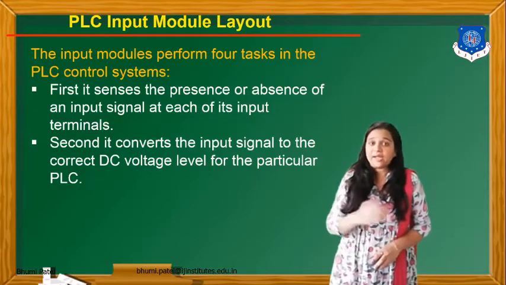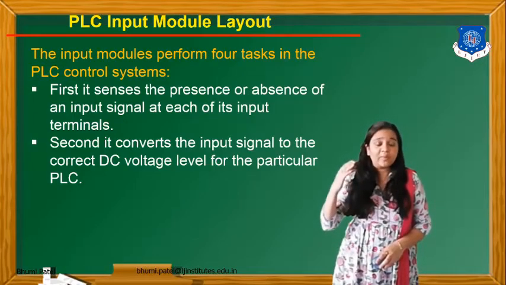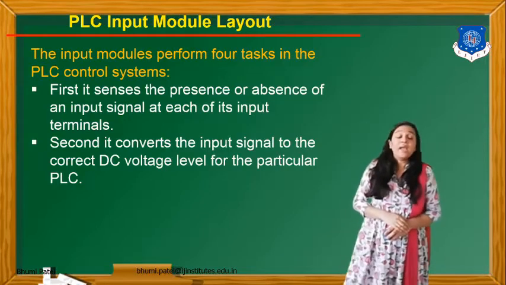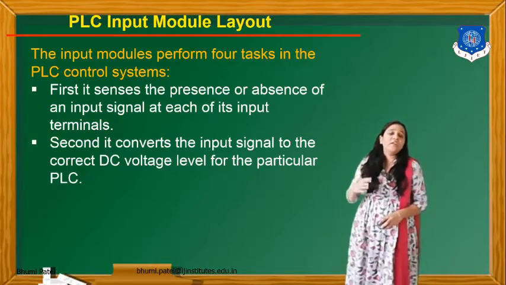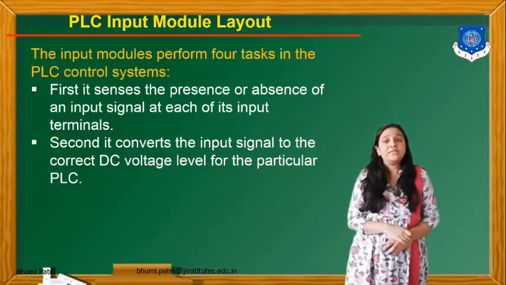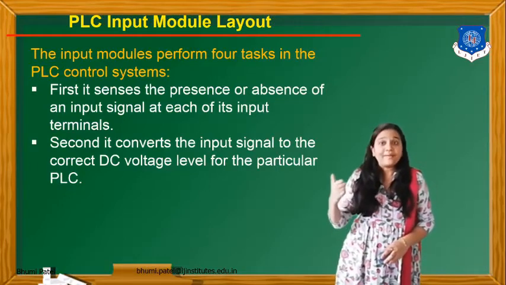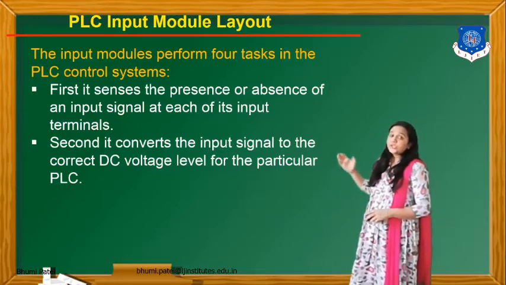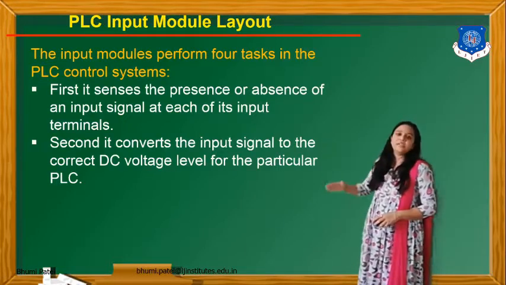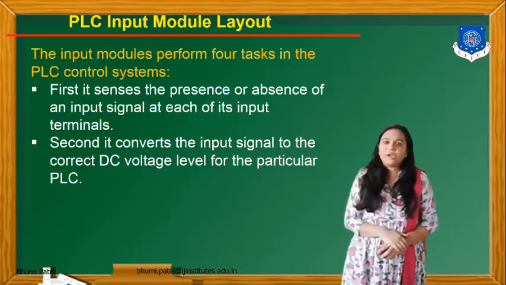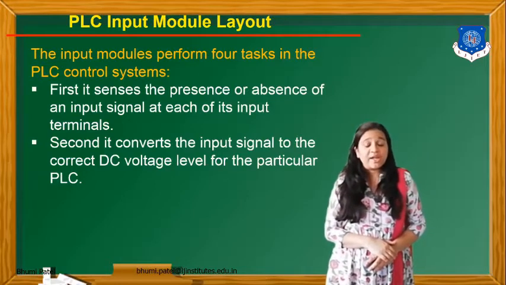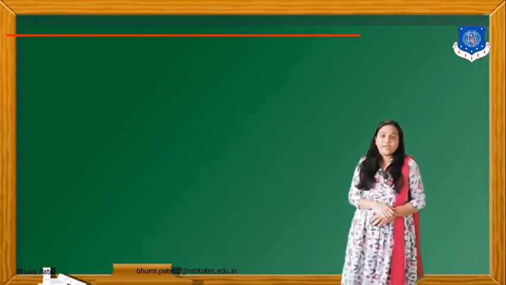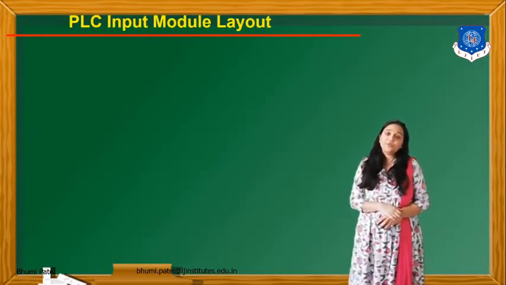As we studied in the first chapter, there are different types of PLC, and the input voltage for different types of PLC is different. Which company's PLC you use is most important.